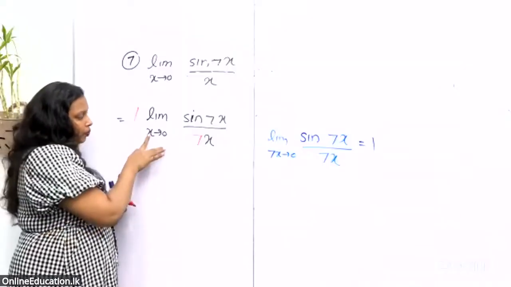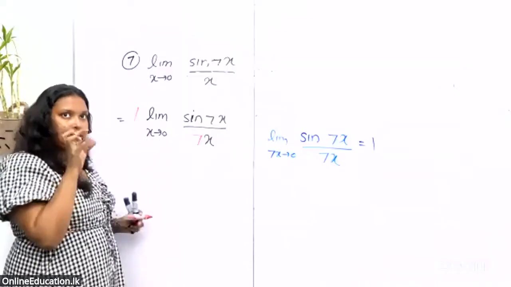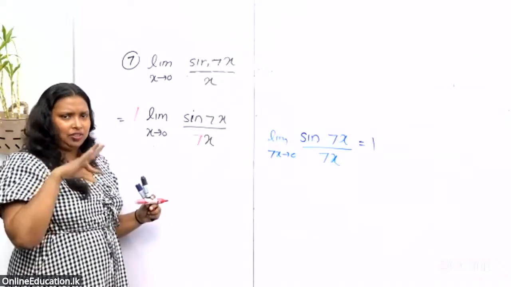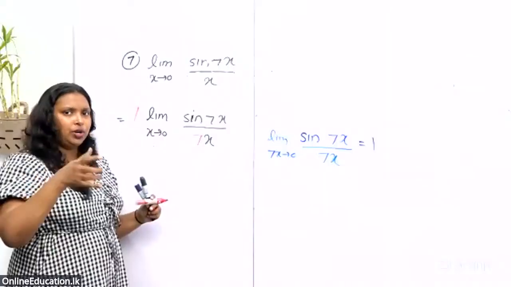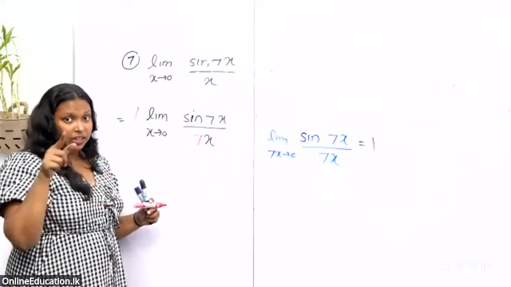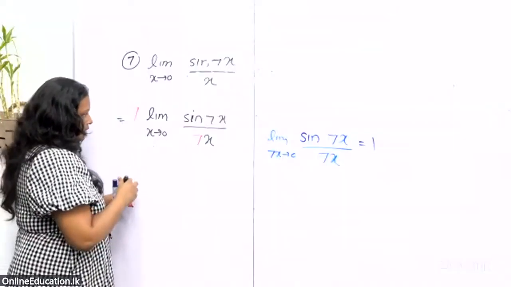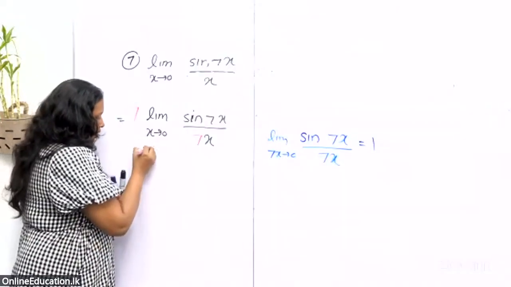Then you see, when x tends to 0, when x gets closer to 0, what happens to 7x? 7 times x also gets closer to 0, right? So here we can write 7x tends to 0.